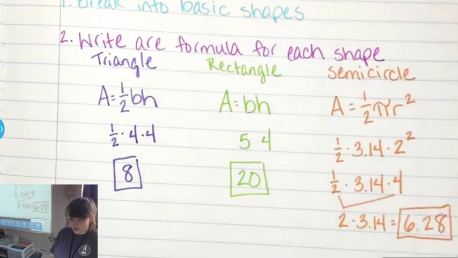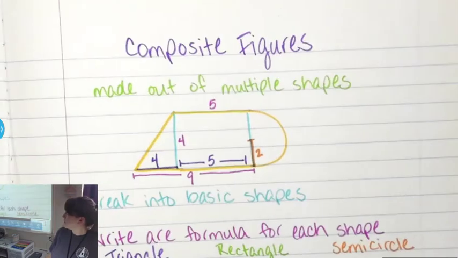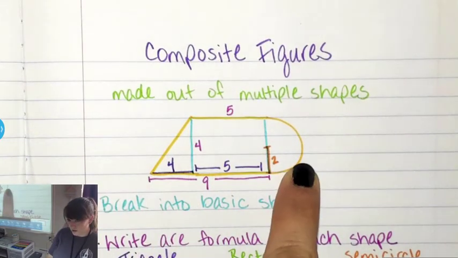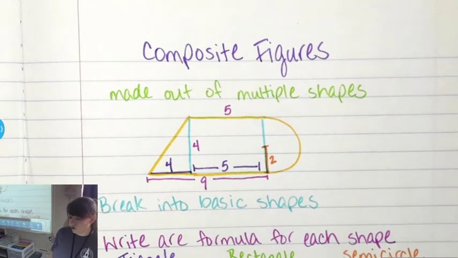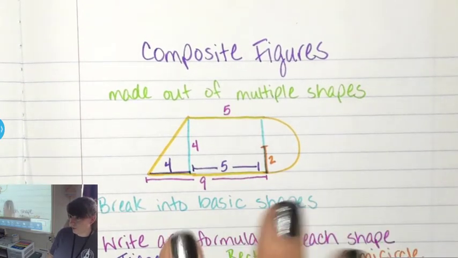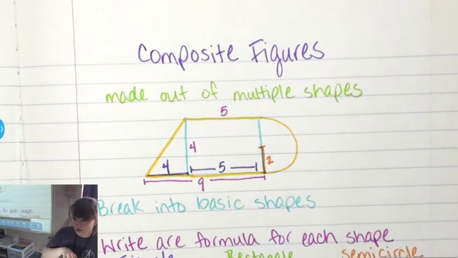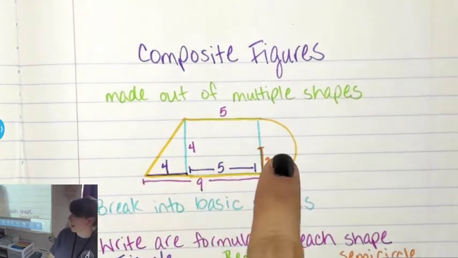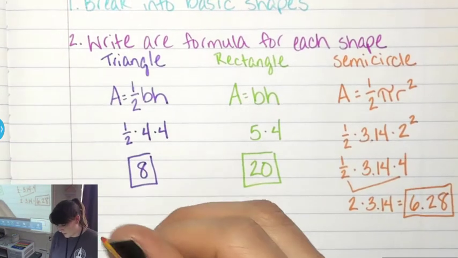So when you look at your shape, is this 3 shapes added together? Yes. You might have a shape with another shape cut out of it, in which case it's a shape minus a shape. But this one is 3 shapes added together. So your last step, you have to decide, am I adding or subtracting? Add.